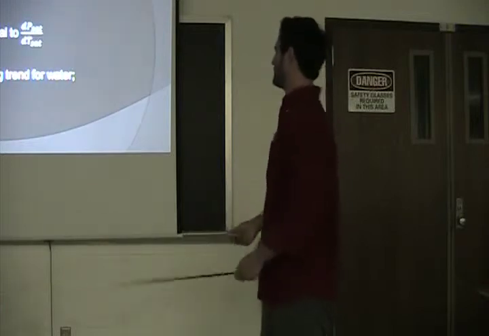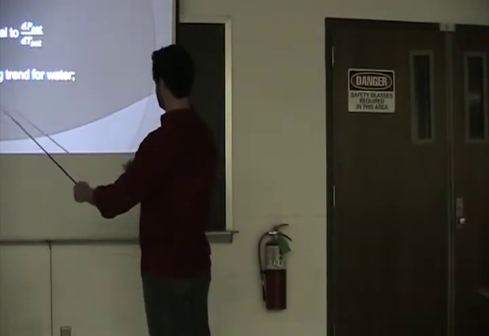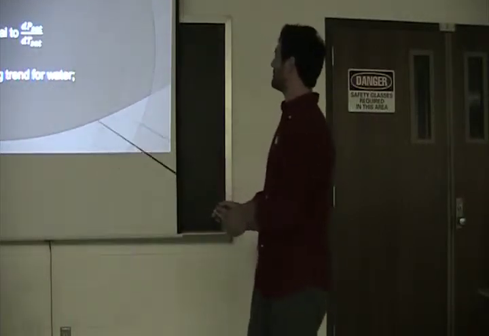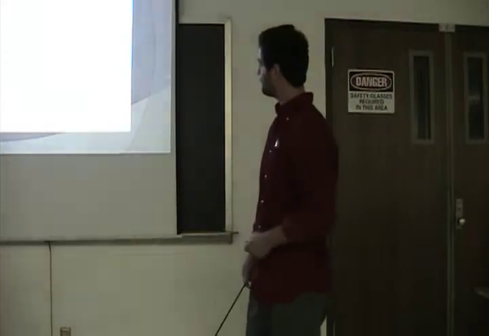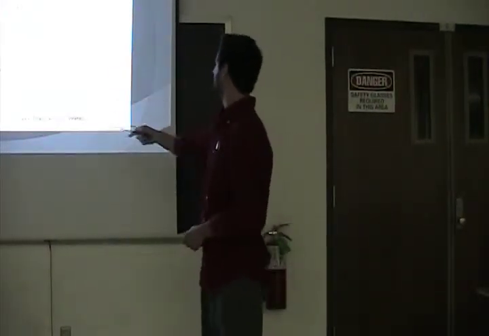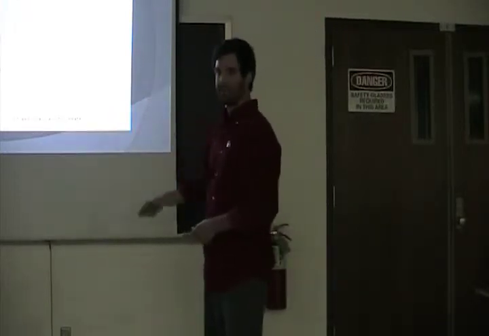And it's decreasing for water. And I think that this one is just increasing because of the units and how the graph is laid out. But if you look at this curve, which is what we're trying to find right now.